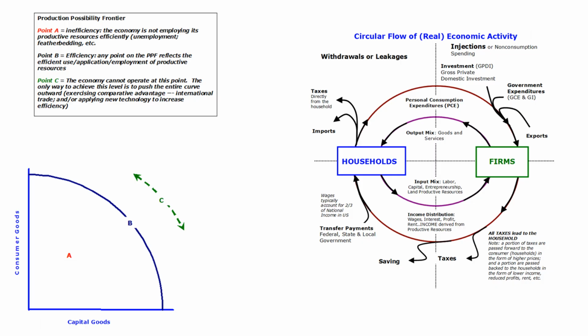And briefly, on the right-hand side, we're looking at our circular flow, which is something we always come back to repeatedly throughout the course. The idea is that you're looking at it in two different ways. When we're talking about economic growth, that's GDP, gross domestic product. So that's the portion going where?